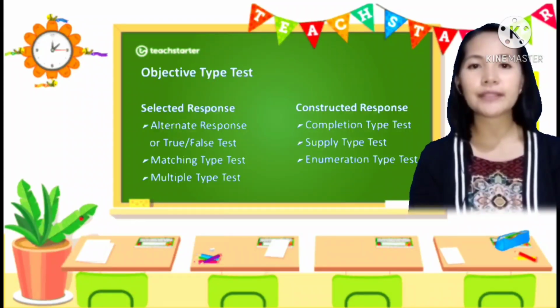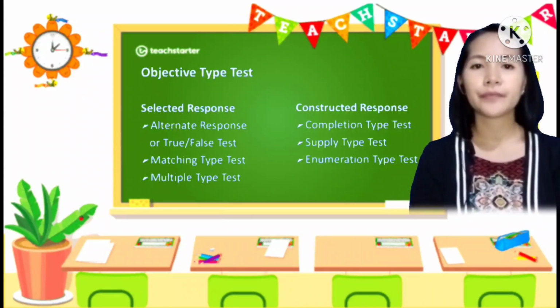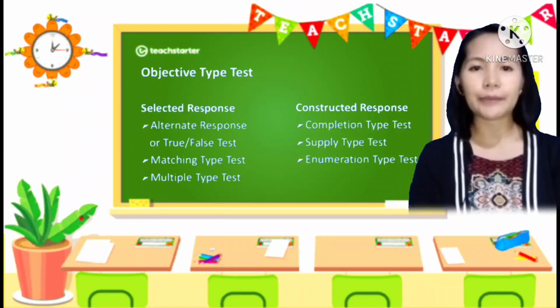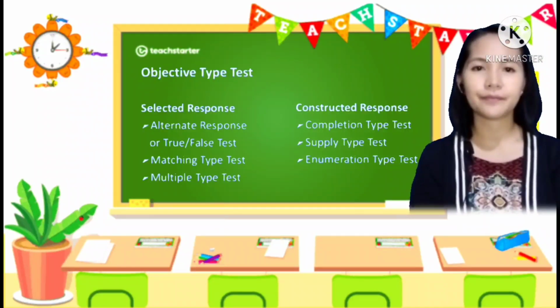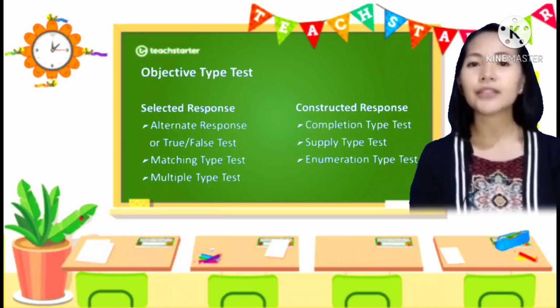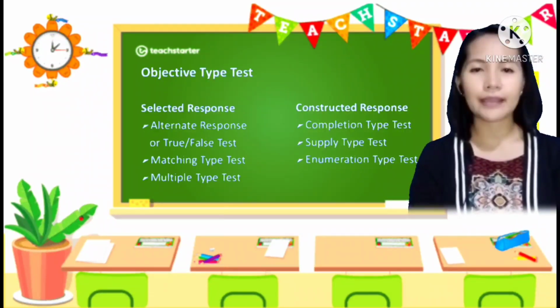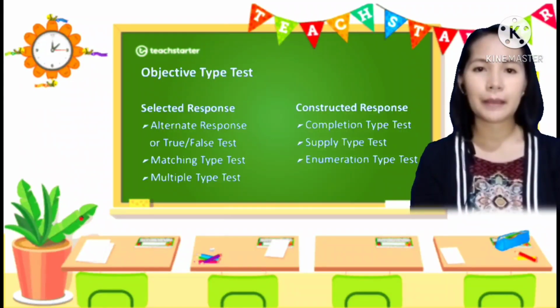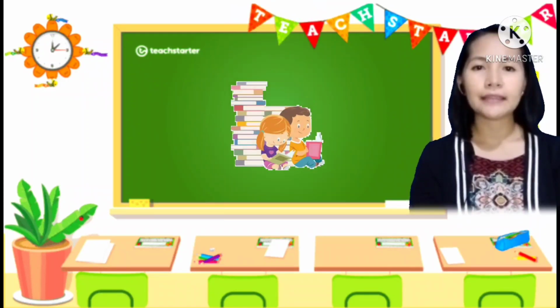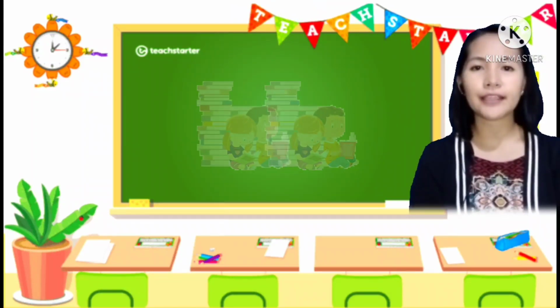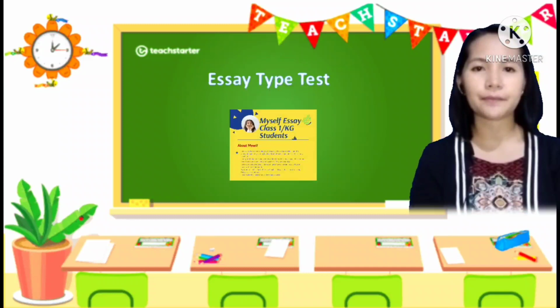Selected response types include alternate response or true-false test, matching type test, and multiple choice test. And constructed response types include a completion test, supply test, enumeration test, and the other type of written test is essay type of test.